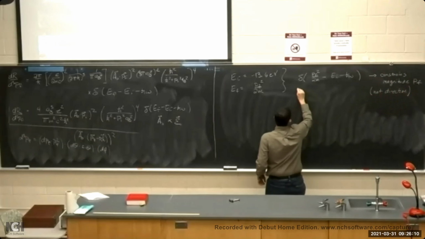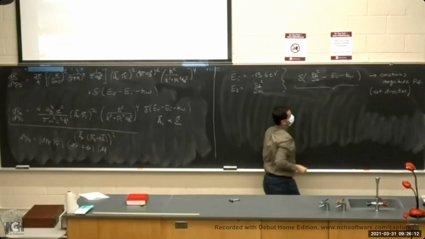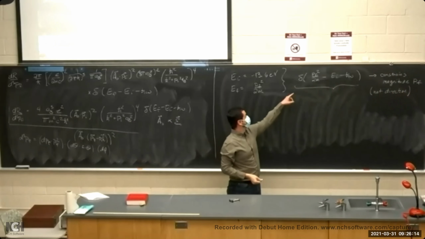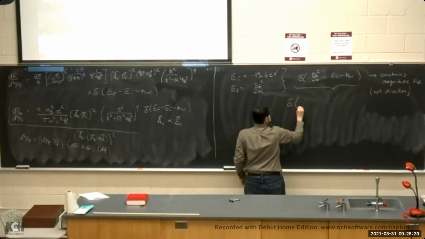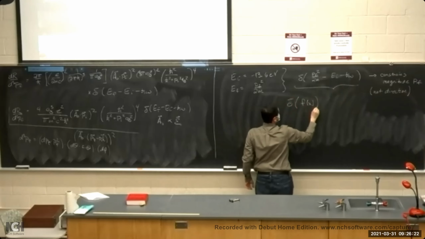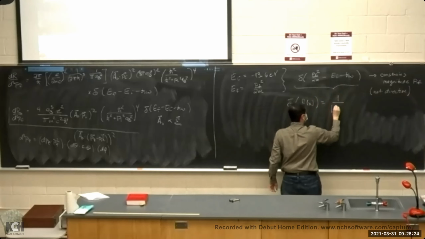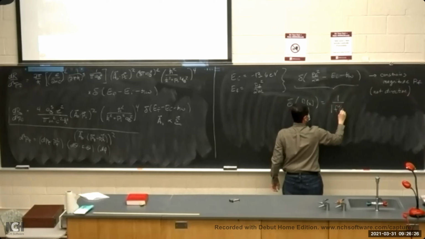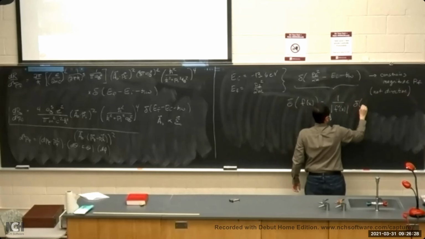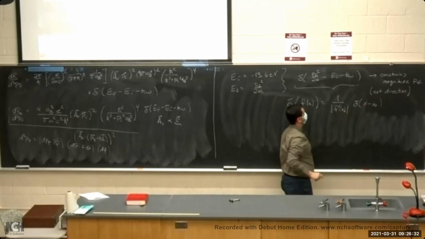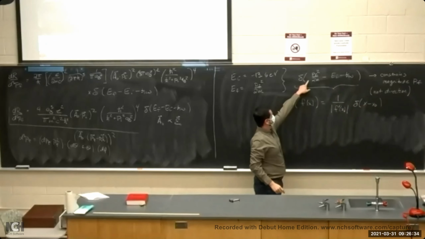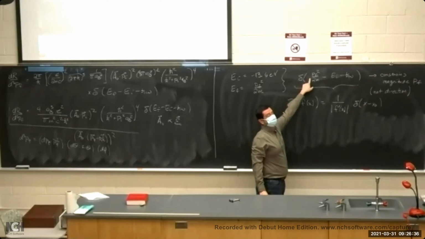So let's translate this delta function into a delta function of the magnitude P final instead of this energy. Remember the properties of delta functions, that if I have delta of f of x, this is 1 over the absolute value of the derivative, delta of the zeros of x. So here, I have a delta function of P final.